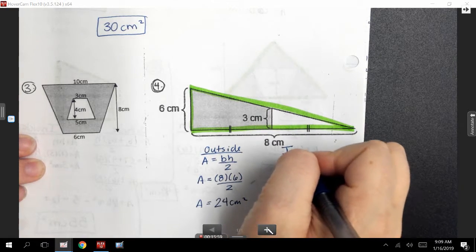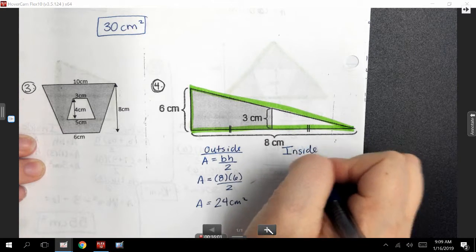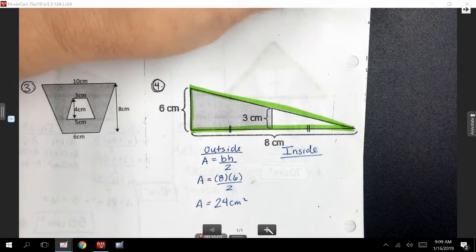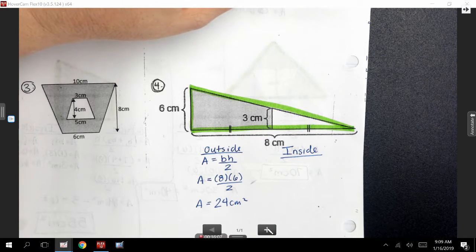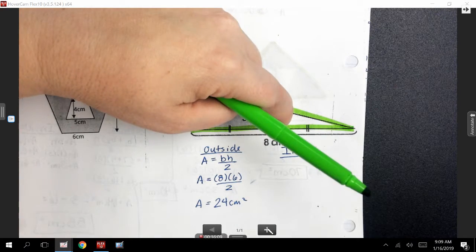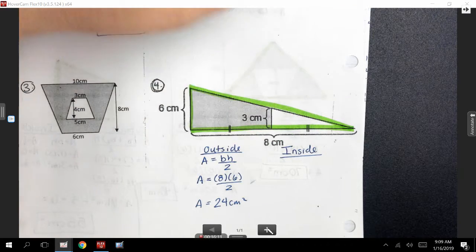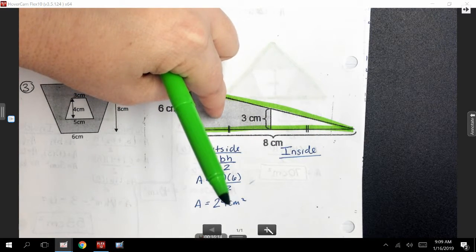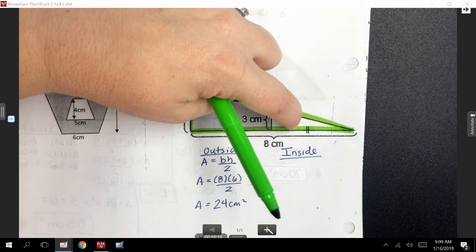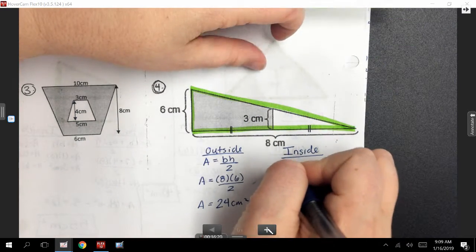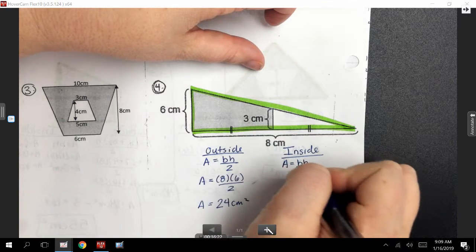What shape am I taking away from the inside? We're taking away, guys, the triangle. Remember, you're finding the shaded area, so I've got to take away the triangle. All right? So my inside would also be A equals base times height divided by 2.